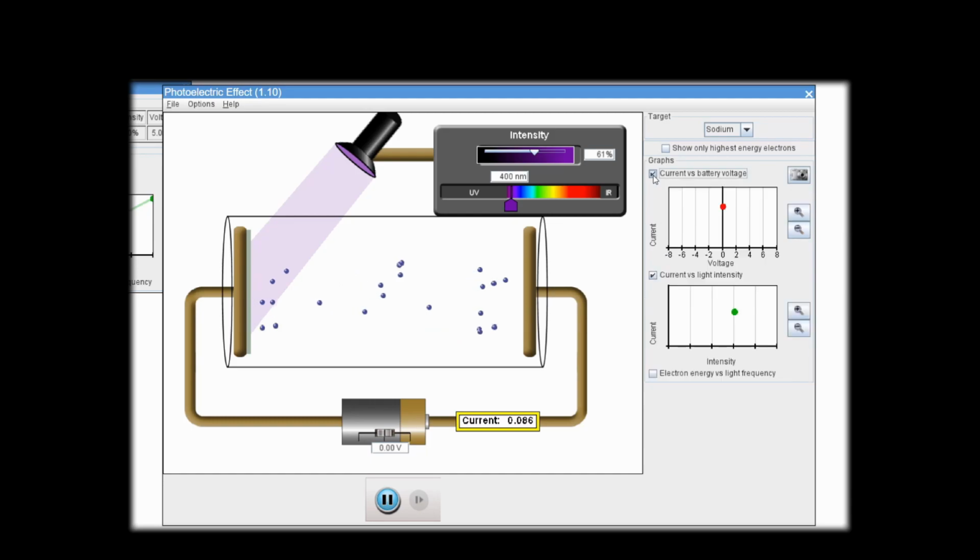This is the zero potential. You can see that there is some value of photoelectric current. As the frequency and intensity of the incoming radiation are fixed, we increase the potential toward the positive side on the photocathode, and you can see that the photocurrent is constant.